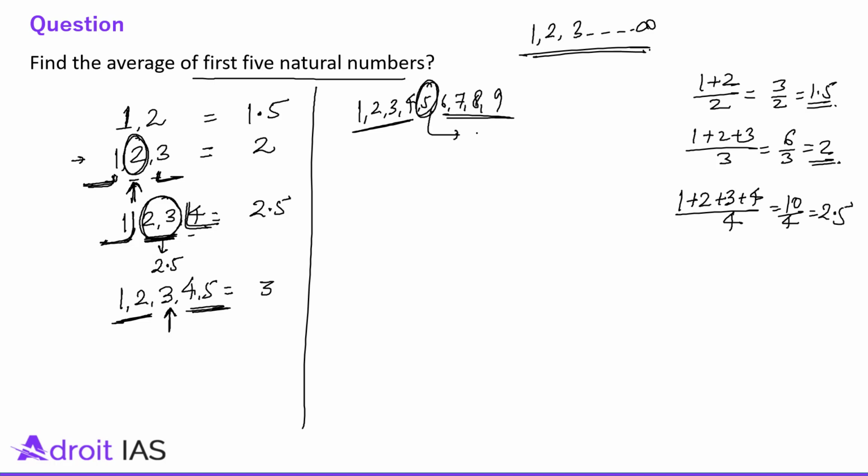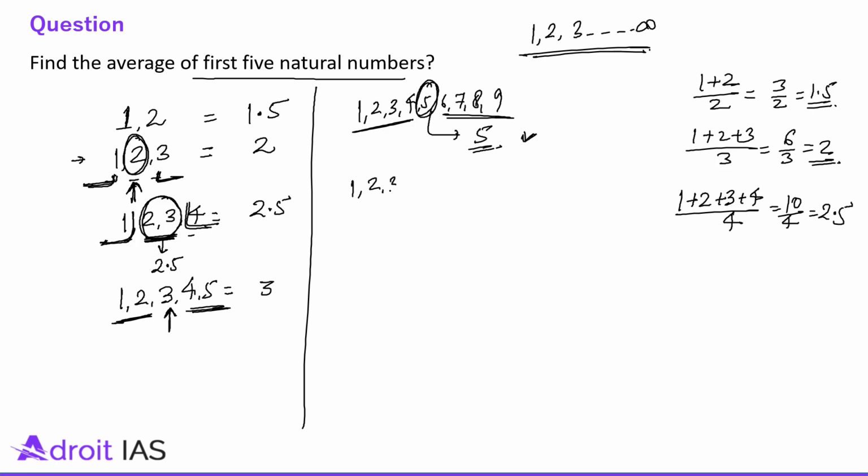The average is 5. So this is very simple. And if we have 10 terms, 11 terms, 12 terms, then it will be very simple.